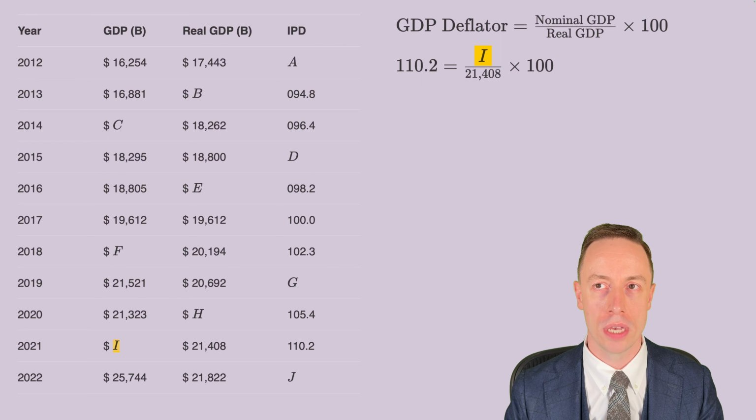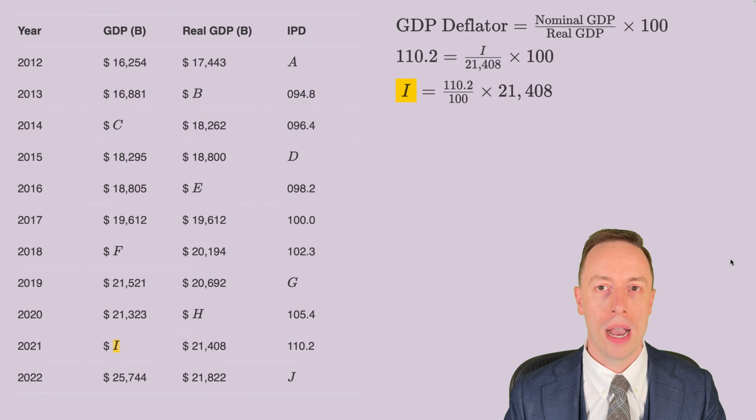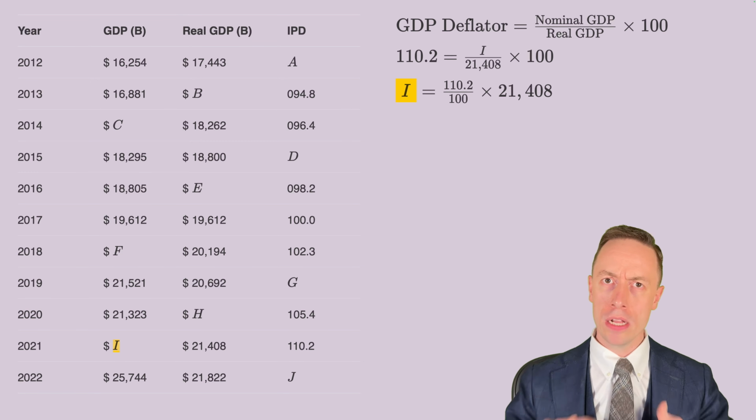The variable we're solving for is I. Let's solve for I. That means we're going to have to divide by 100 to get rid of this and multiply by $21,408 billion, of course, which means I is going to be equal to 110.2 over 100 times the real number.